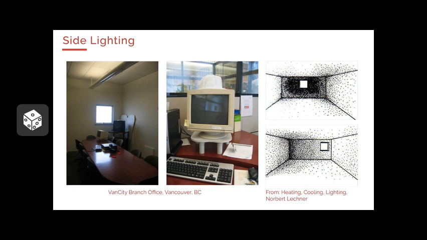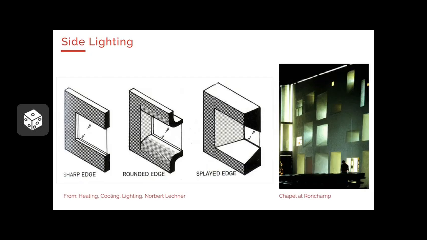So be really careful in doing little punched openings in your design. I would highly recommend against that. Another feature is to look at the sill and maybe change the sill shape to make it softer, so that it's not a really sharp edge.